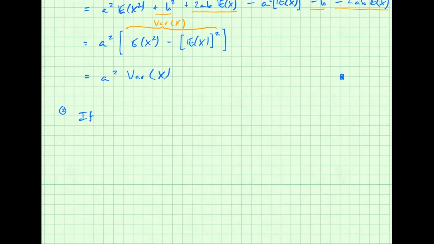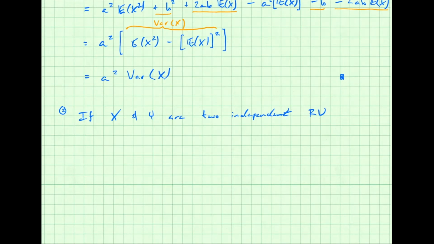Now I'm going to introduce the second property, which is a little more specialized. Let's say you have two random variables, x and y, and they're independent of each other. We haven't really explained too much about what this means. I think you've seen independence in terms of probability, but we'll get back to this.